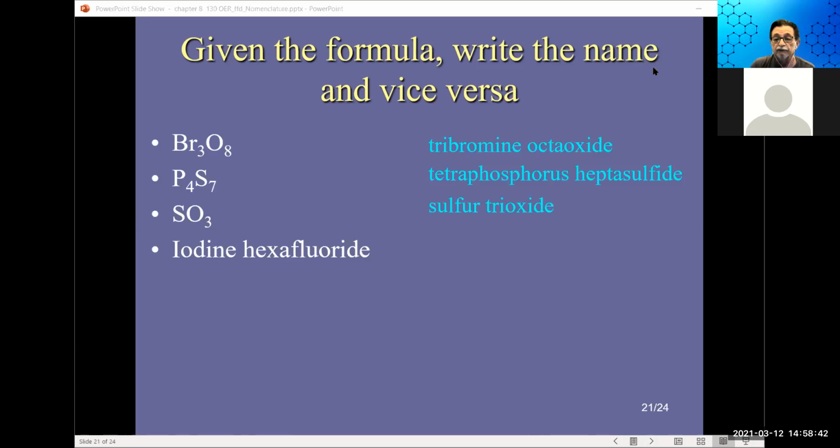So the base formula would simply be I, for iodine, and the F for fluoride. So that's the base formula. Go back and do the prefixes, and you see there's only one iodine. So there's one iodine, and hexa is 6. So there's the formula.